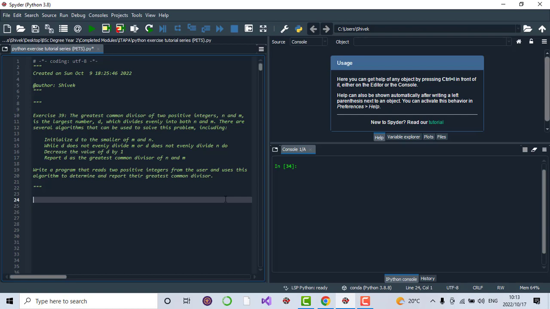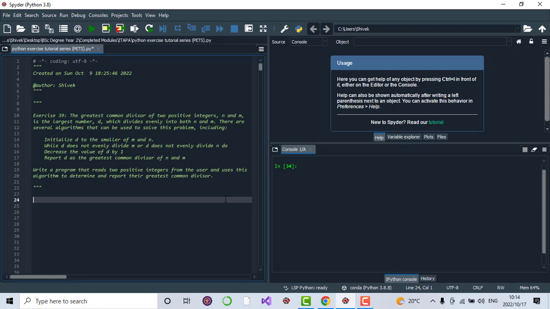While d does not evenly divide m or d does not evenly divide n, do: decrease the value of d by 1. Report d as the greatest common divisor of n and m.